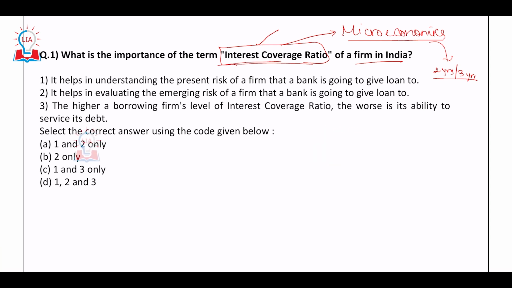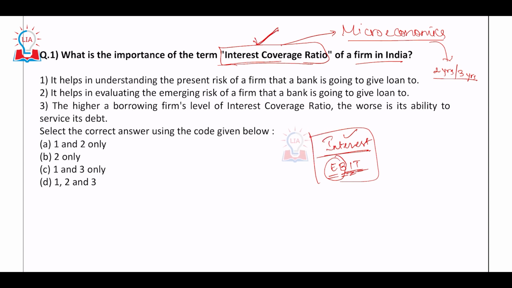As you can understand, it is just about the interest which the firm is supposed to pay as a proportion of what we know as EBIT, earnings before interest payment and tax payment. So interest as a part of earnings before interest and tax. That would be the ratio, called the interest coverage ratio.